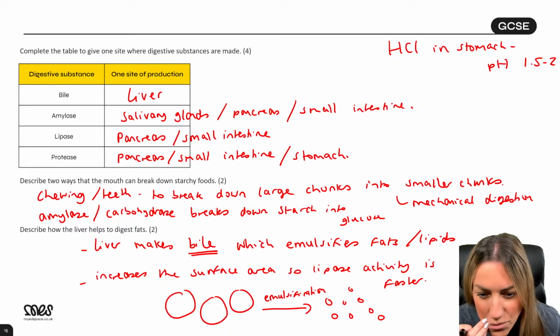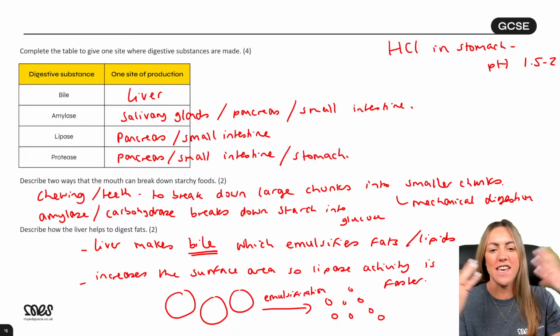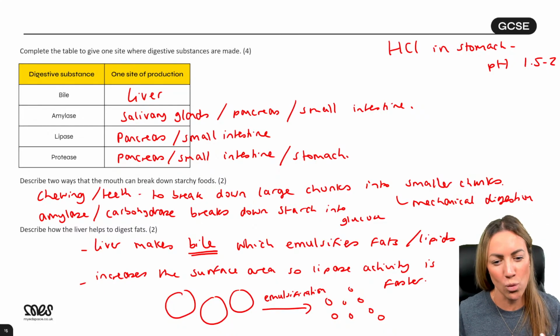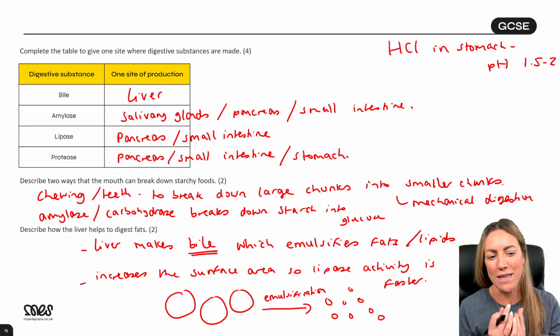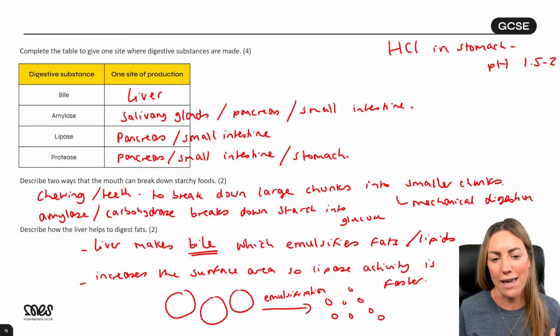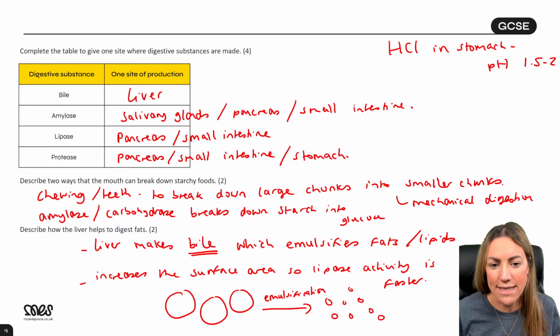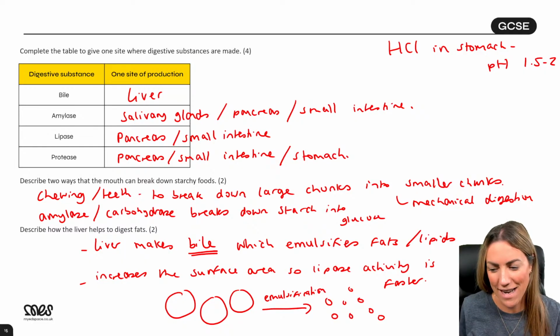Okay. What are globules? Like big spheres of fat. Yeah, fat repels water, doesn't it? You get these big globules or big spheres, and it's very hard for lipase to digest it. But because bile emulsifies the fats, it increases the surface area, so lipase can act faster.